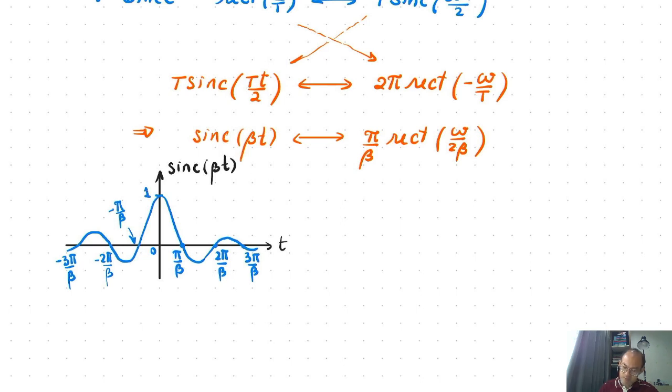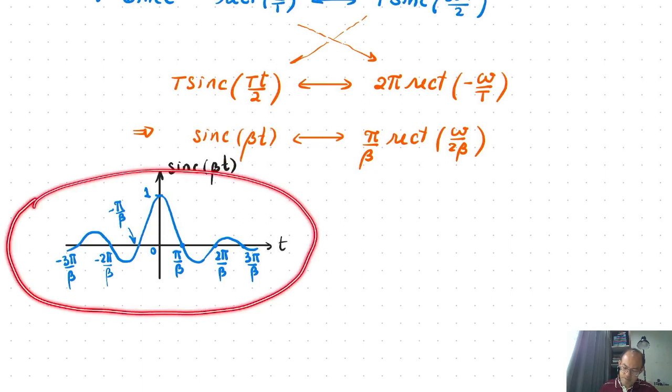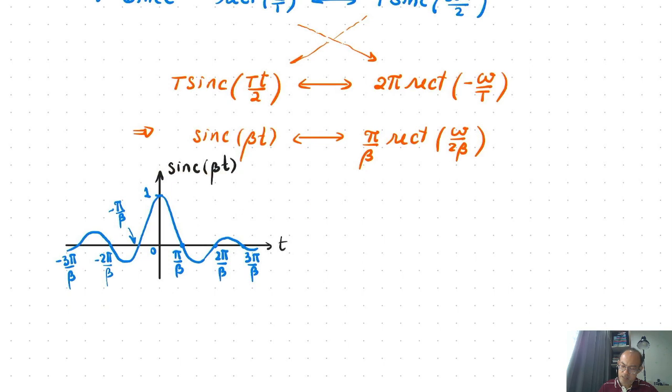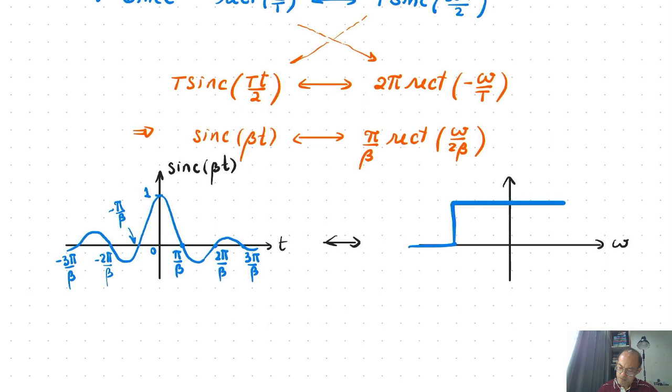So this Fourier transform pair tells us that the frequency spectrum of this time signal is a rectangular pulse. So this is plotted with respect to omega. We get this. Now, the rectangular pulse here is 2 beta wide.